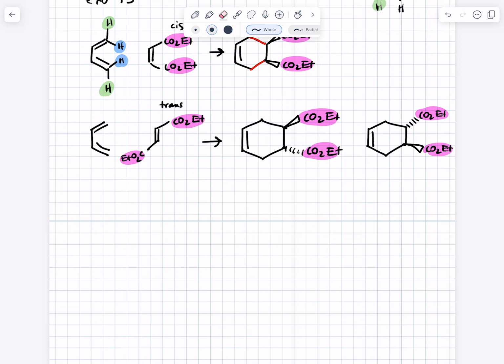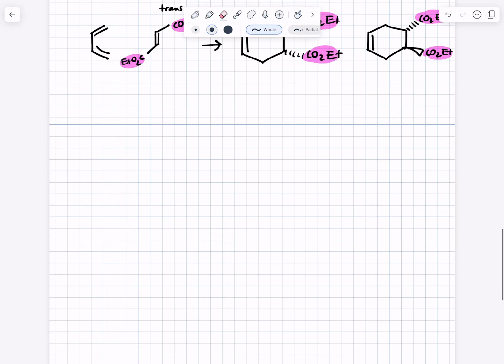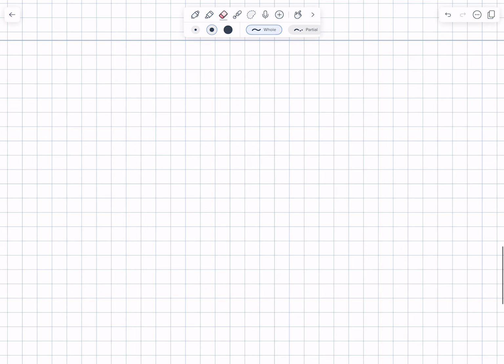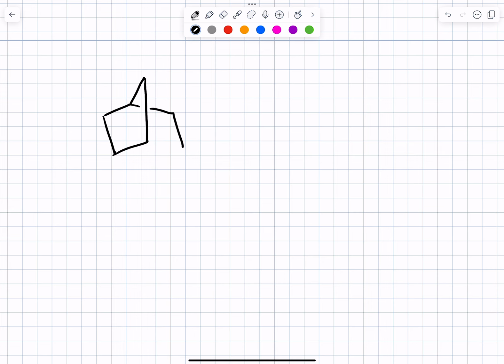So let's choose some challenging examples. The question would be asked in this way: what diene and what olefin did you need to synthesize this product?